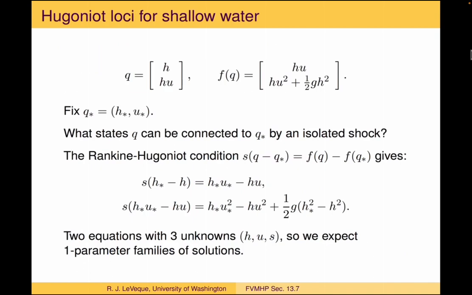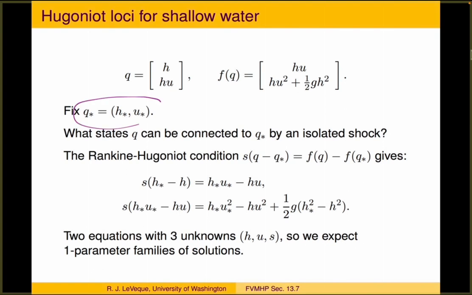So let's work this out for the shallow water equations. That's the best way to understand what we have to impose in order to figure out what these Hugoniot loci look like. Here I'm going to fix one particular state that I'll call Q star. It could be the left state or the right state in the Riemann problem, for example. Based on this one Q star, I want to find all the other states in phase space, in HU space in this case, that we can connect to that state by a shock wave or a discontinuity that satisfies the Rankine-Hugoniot condition.